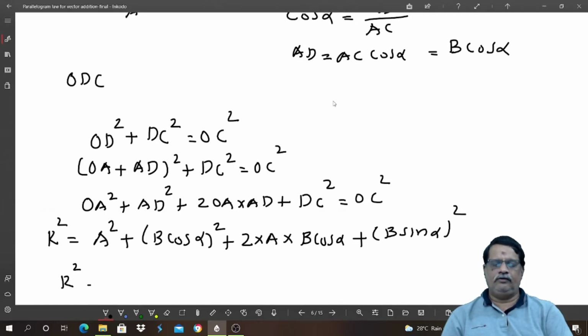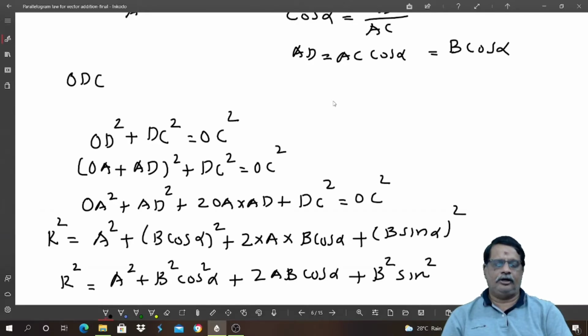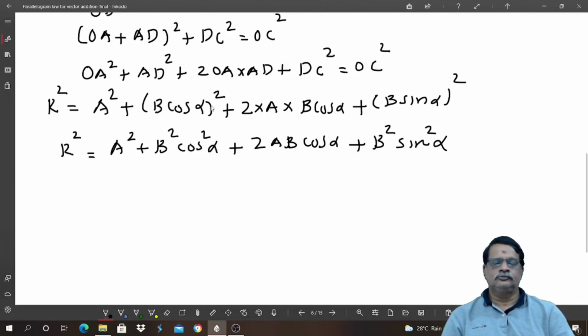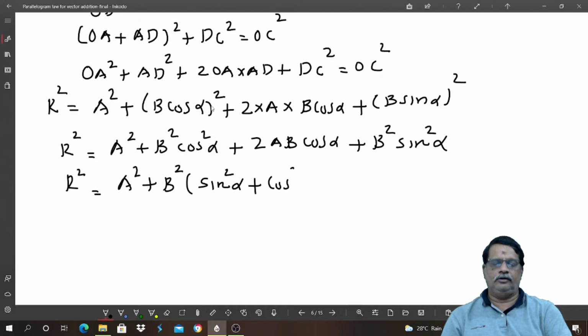Now let us simplify further. R square equal to A square plus B square cos square alpha plus 2AB cos alpha plus B square sin square alpha. Now let us club these terms together. So this is A square plus B square into sin square alpha plus cos square alpha, plus 2AB cos alpha.